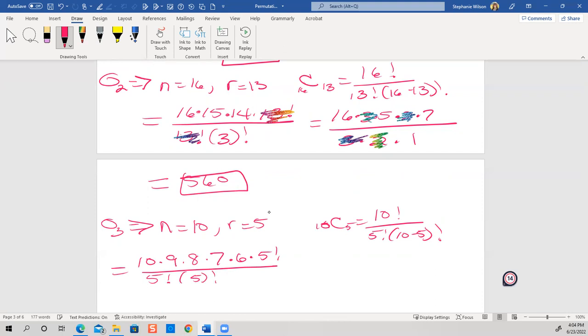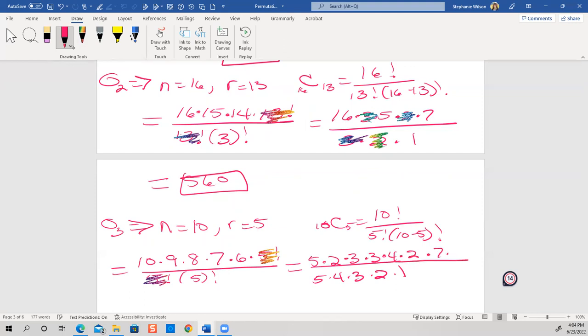All right, now let's reduce. Our 5 factorial is reduced. I'm going to reduce one more time because I can write this down as 5 times 4 times 3 times 2 times 1 because it's 5 factorial, right? So let's break down the 10. The 10 is 5 times 2. 9 is 3 times 3. And 8 is 4 times 2.